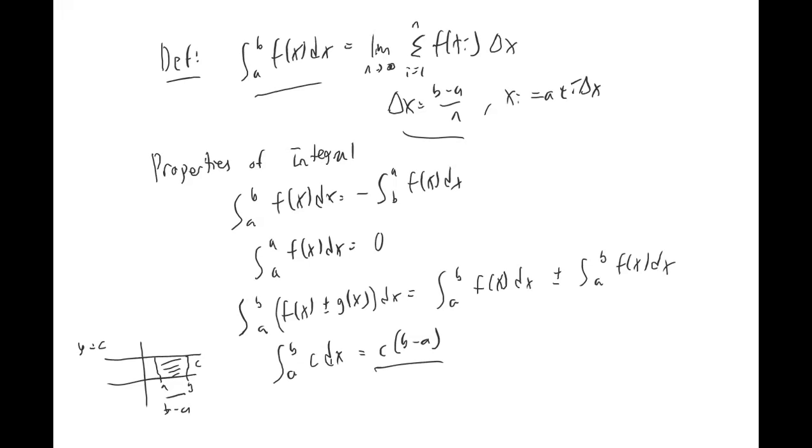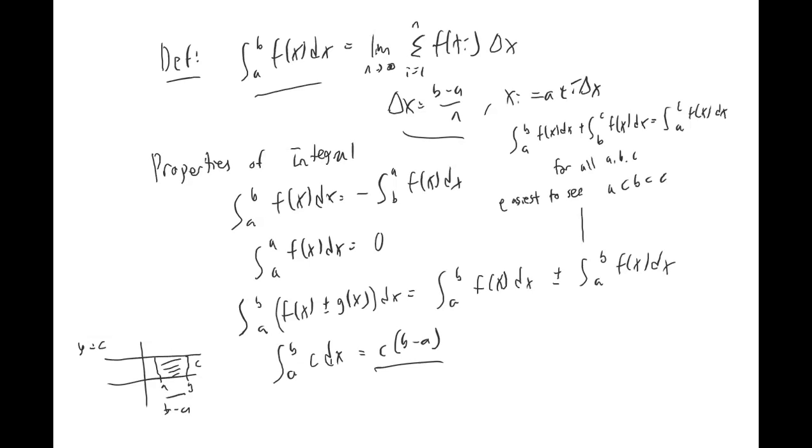And the last one, it's not as intuitive. The proof is on a case by case basis, but let me explain the easy case at least, so you're all convinced. This is for all a, b, c. But I think the easiest to see is when a is less than b less than c.